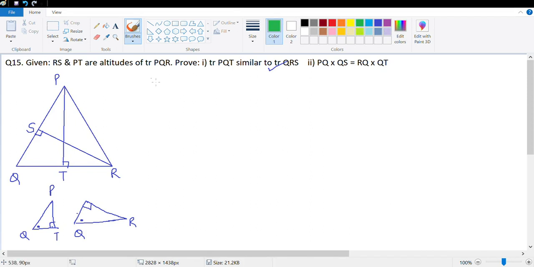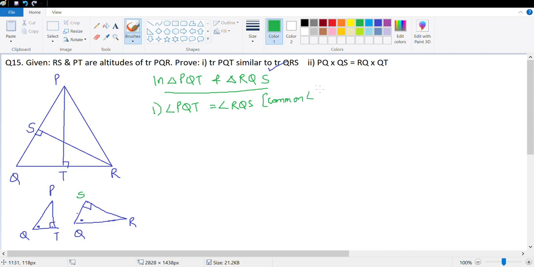So in triangle PQT and triangle RQS, point number 1, angle PQT is equal to angle RQS, common angle. And next point, angle PTQ is equal to angle RSQ. Both of them are equal to 90 degree.